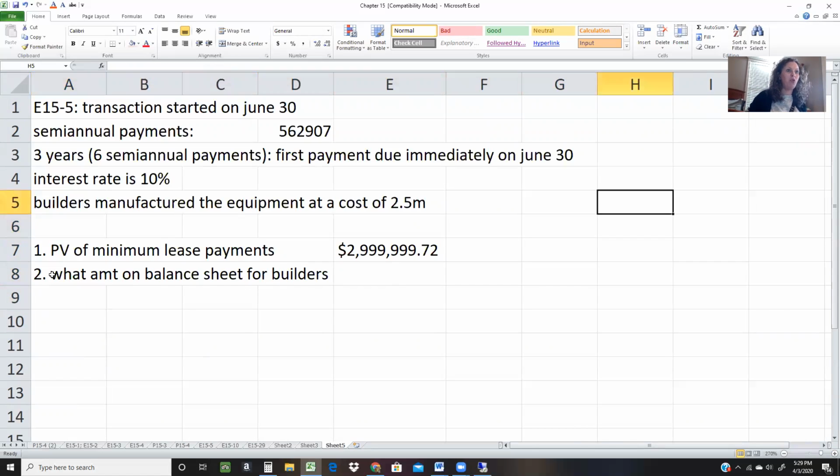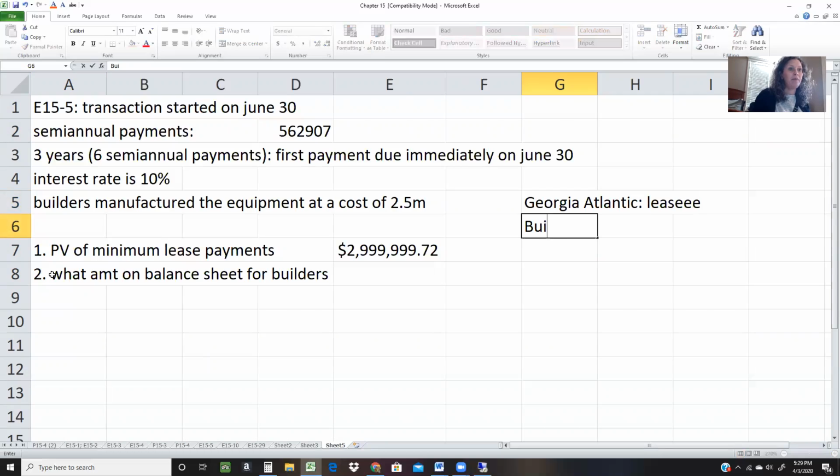So let's keep track of who we have here. We have Georgia Pacific. Nope, Georgia Atlantic. I was close. Guess I have Coke on the mind. So Georgia Atlantic is the lessee, and Builders is the lessor. And this is a sales type lease because we built the asset for 2.5 and now we're selling it for 3.